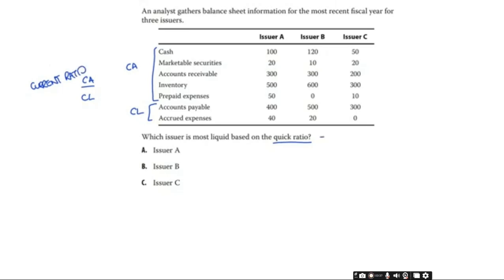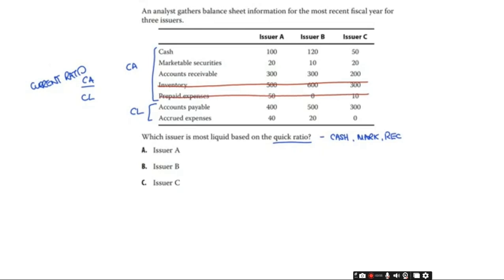Remember, the quick ratio in the numerator has only cash, marketable securities, and receivables. So what we're going to do here is ignore inventory and ignore prepaid expenses.